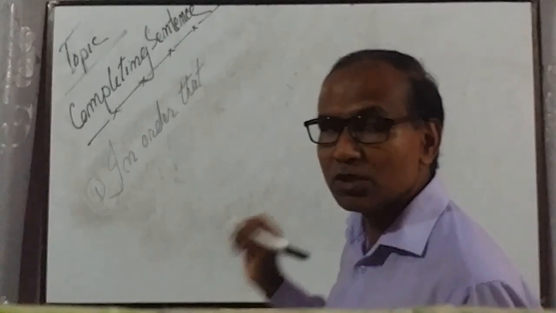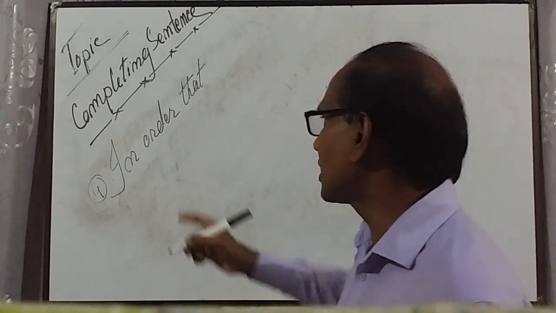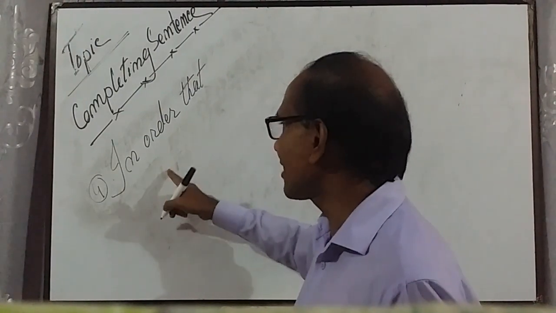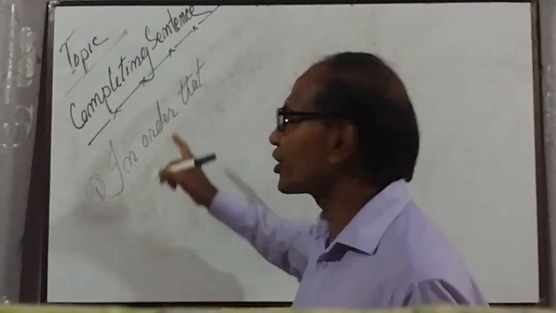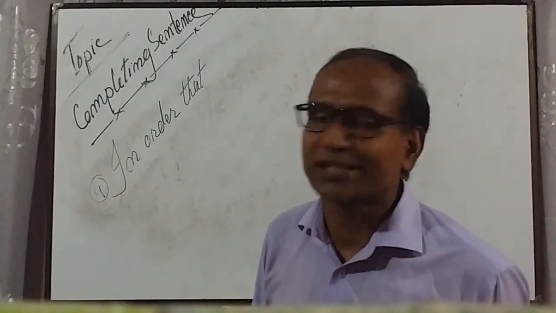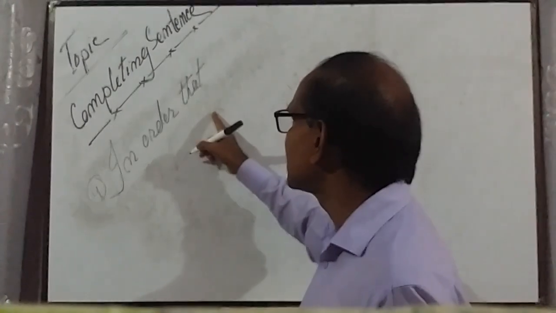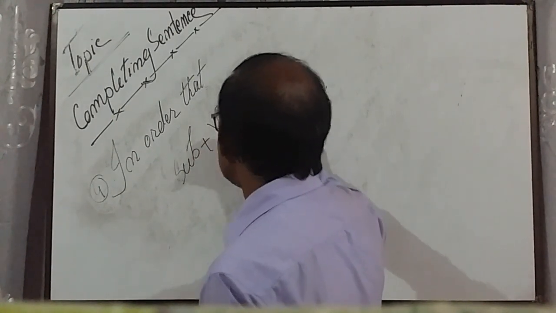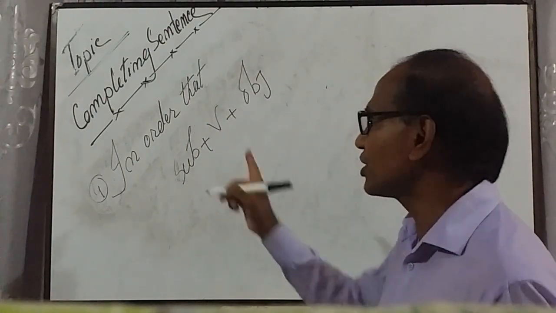After so that, we use may, might, can or could. In the same way, after in order that, you have to use can, may, might or could according to the tense of the first sentence. In order that means "jeno" or "jate kore". So, after in order that, you have to make another subject plus verb plus object. This is the structure.